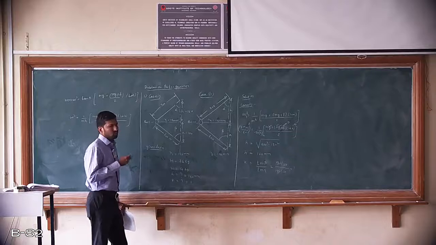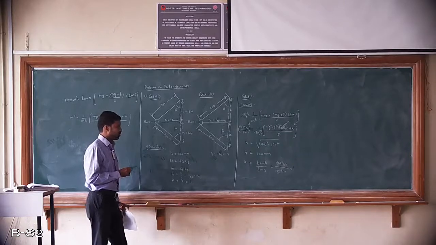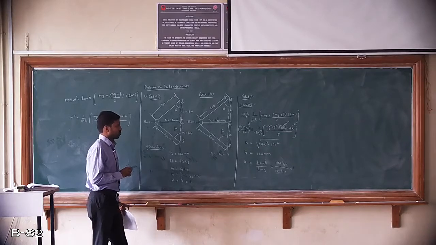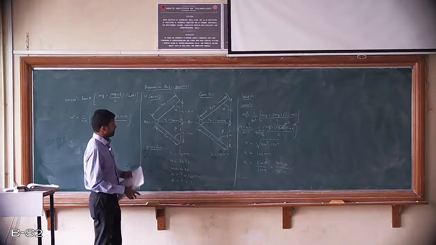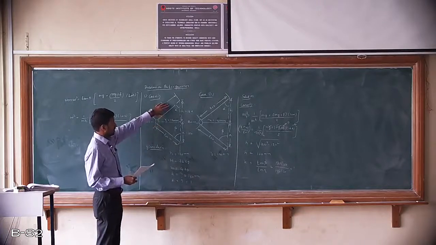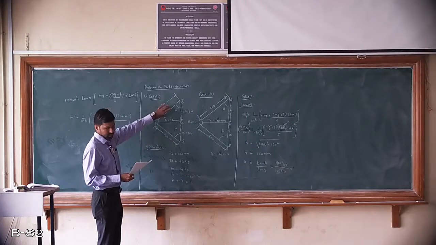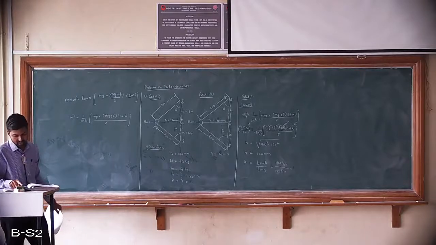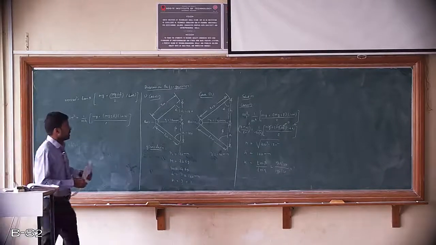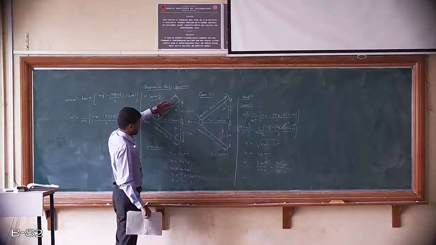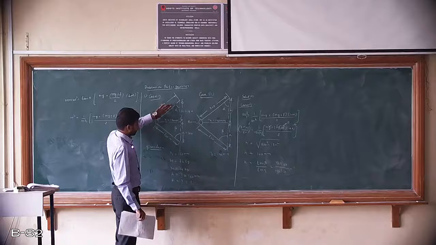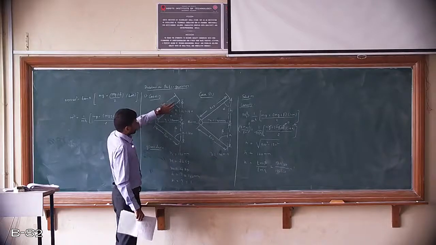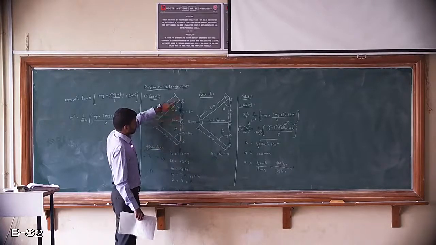I will tell you one more easy way to calculate the value of k. In the problem statement he has given, each arm of a Porter governor is 200 mm long and is pivoted on the axis of the governor.